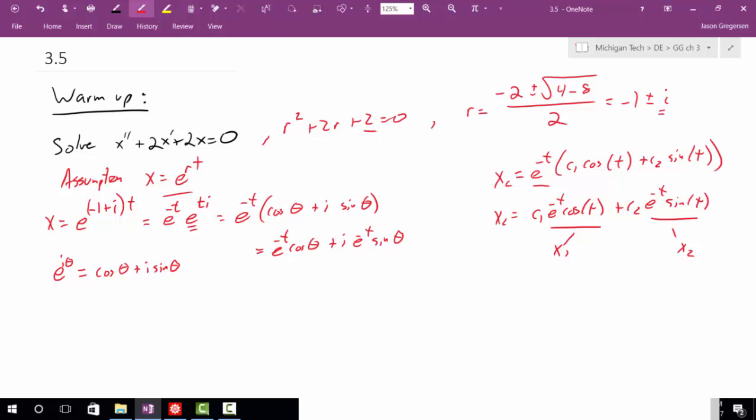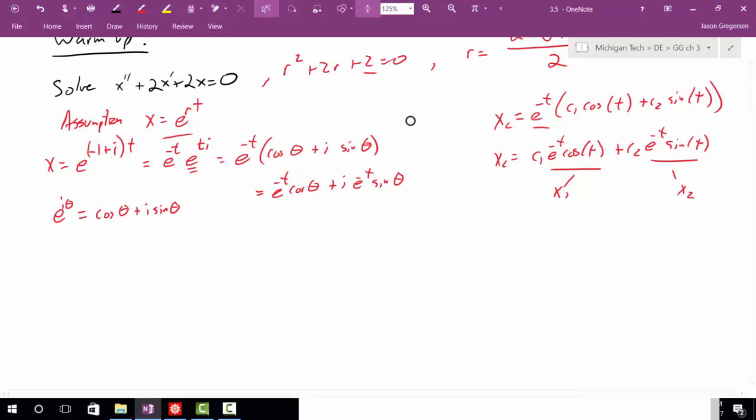So instead of memorizing the solution form, I could just plug in the complex value, and then separate the real and imaginary parts and use each of those as one of the solutions. Questions about that? That's the big kind of generalization. The big idea is I can use the real part as one solution, the imaginary part as the other solution.